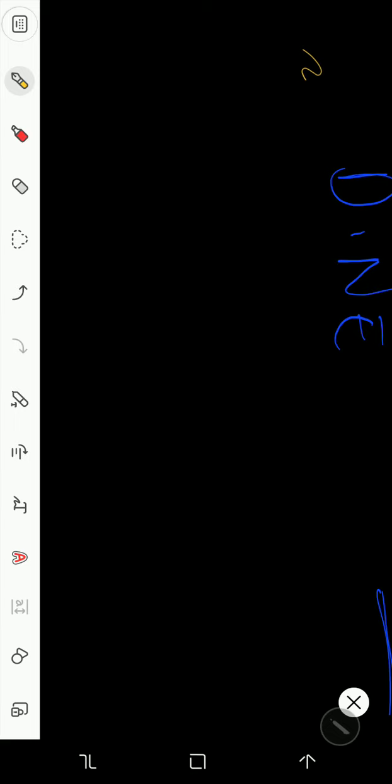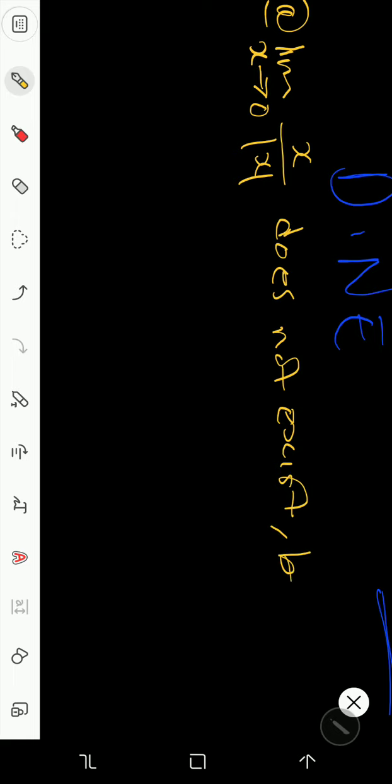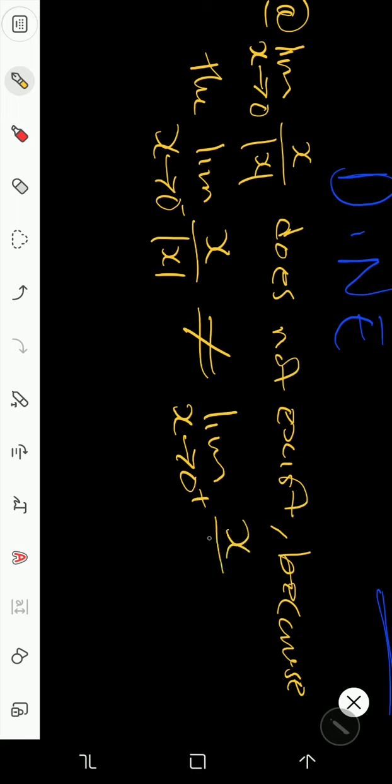I will just say, for the limit as x approaches 0 of this function, the conclusion is this: the limit does not exist because the limit of this function as x approaches 0 from the left hand side is not equal to the limit as x approaches 0 from the positive or right hand side of this same function.